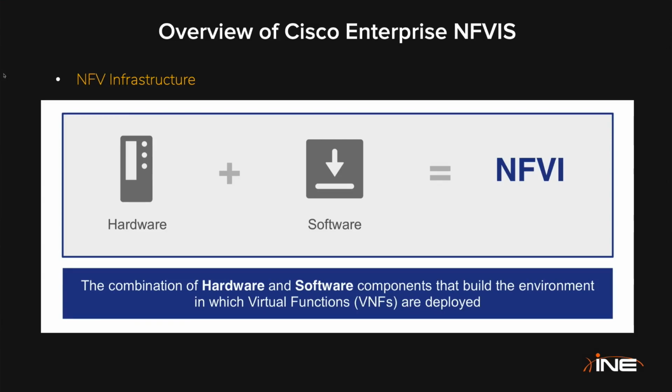Like I said before, NFVI is basically hardware and software coming together, the hardware being not a Cisco router, but a separate hardware like maybe a UCS blade or a server, which has software on top of that, which allows you to deploy or install VNFs on top of that. These two things together, your hardware and the software, provide you an environment where you can deploy VNFs, which is called NFVI.